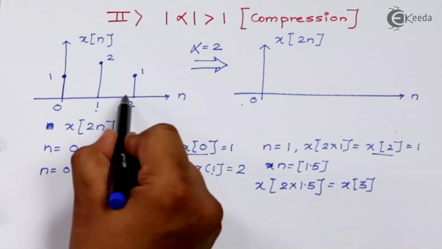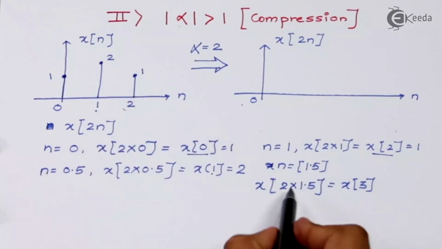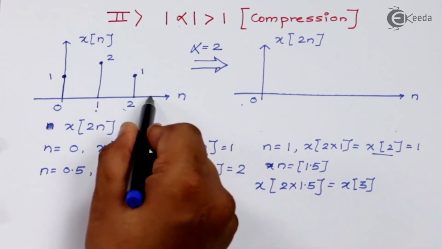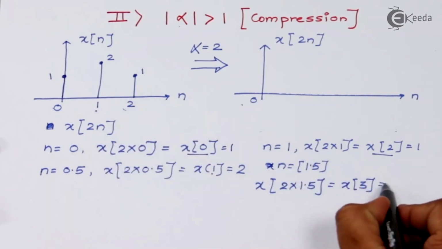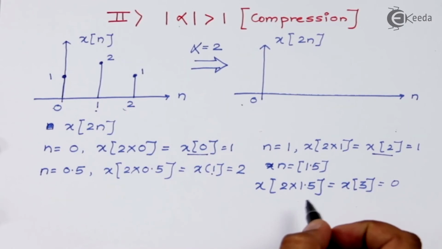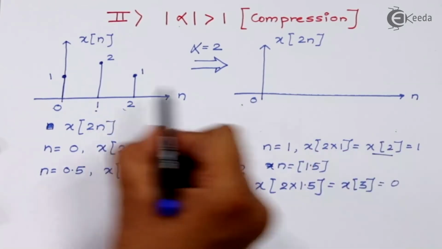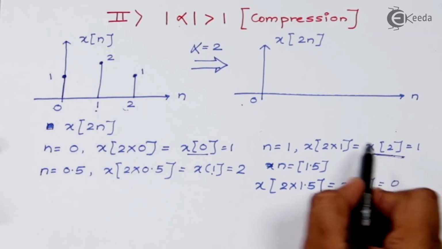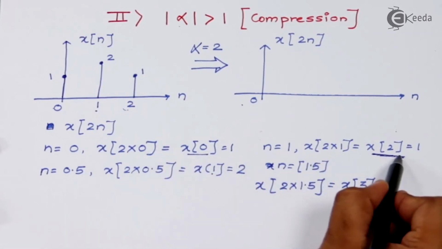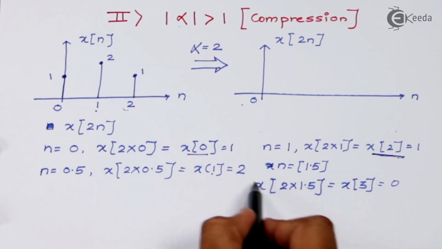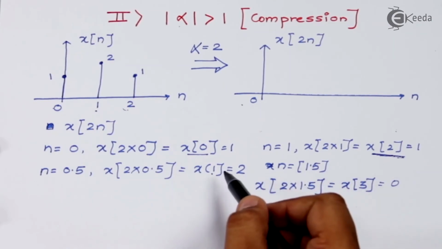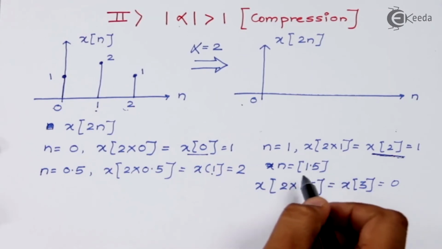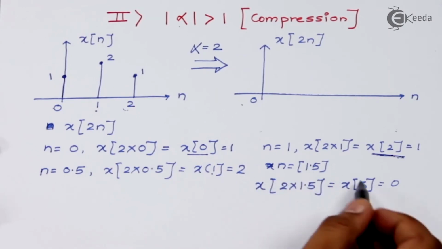And we know that after 2, this graph is having amplitude 0. So x of 3 is not there, which means the amplitude is 0. So where we have to stop? We have to stop until we reach n equals to 2 in our calculations. This is extra work which is not that important. If we did not solve this part, then also it is fine. It is just for understanding.